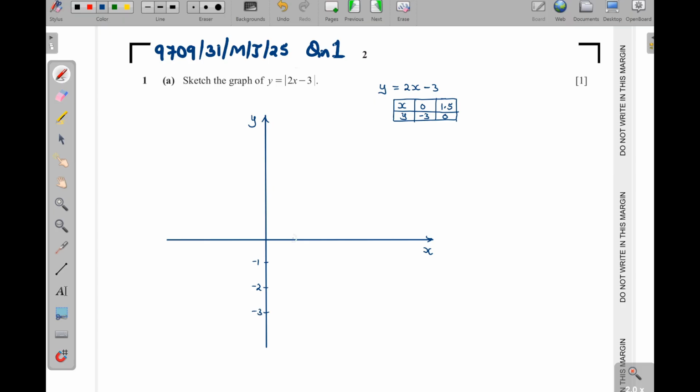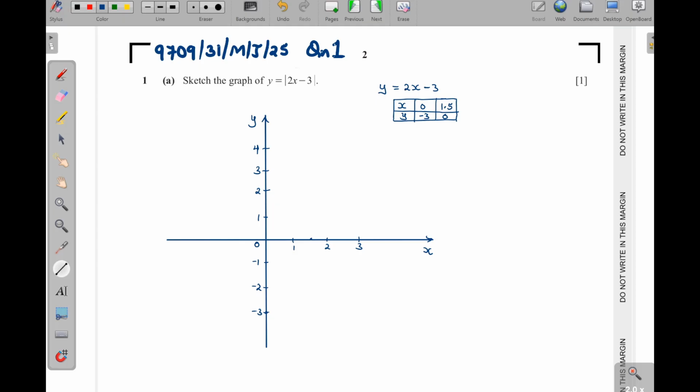Then we have 1, then 2, then 3. Then we have maybe 1, 2, 3, like that. Now 0, negative 3 is here, and then 1.5 is here.